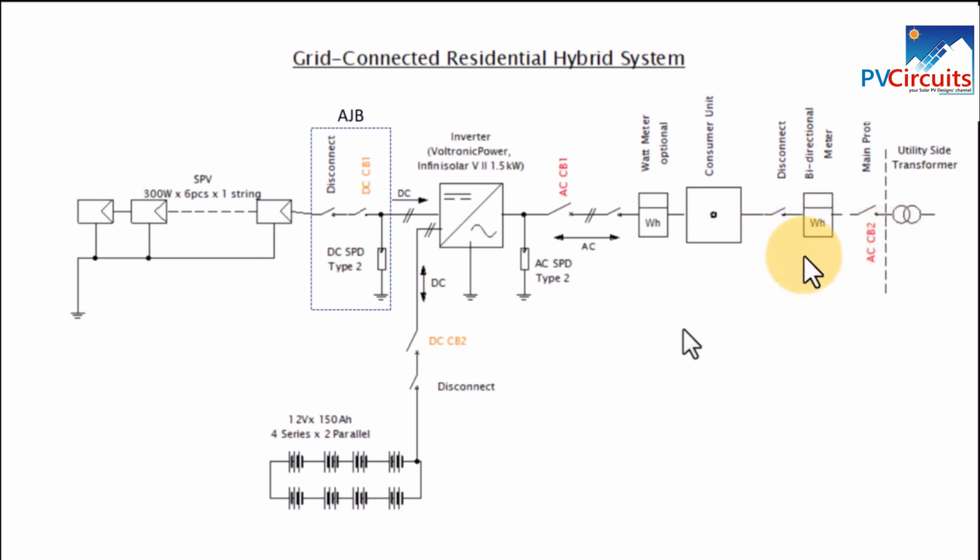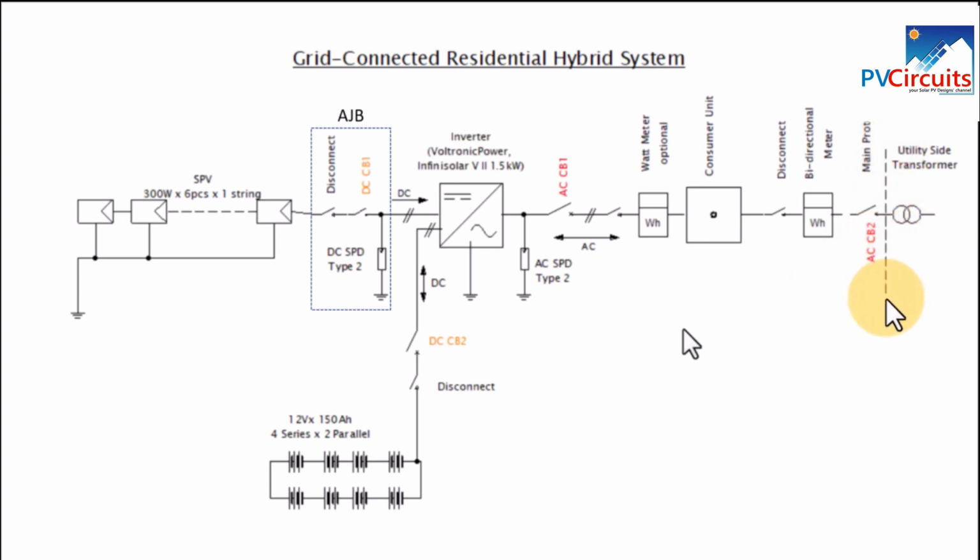So in our case, when we are producing more than we need, that power is injected into the grid. We will accumulate credits which we will use against any shortfall should we need to get power from the grid. Then we have a protection here which cuts us off from the utility side.